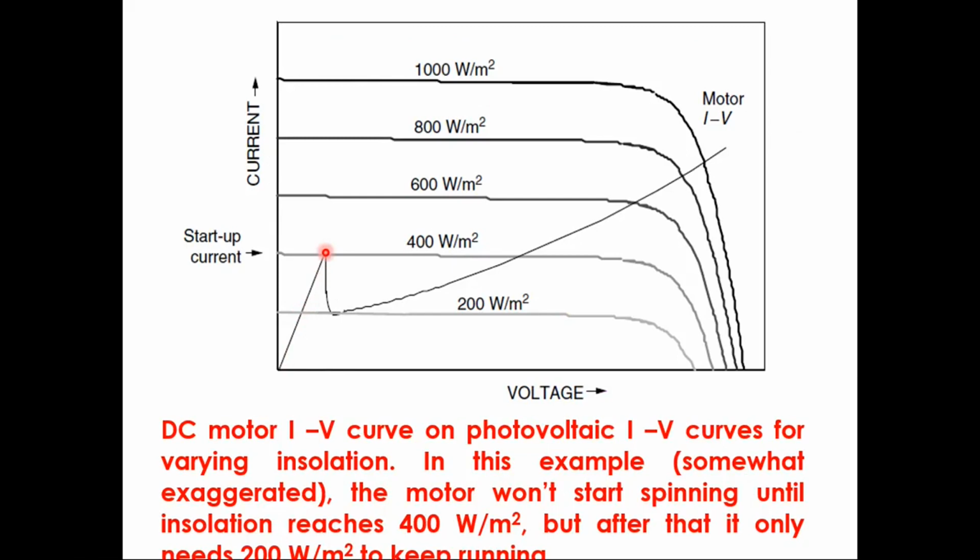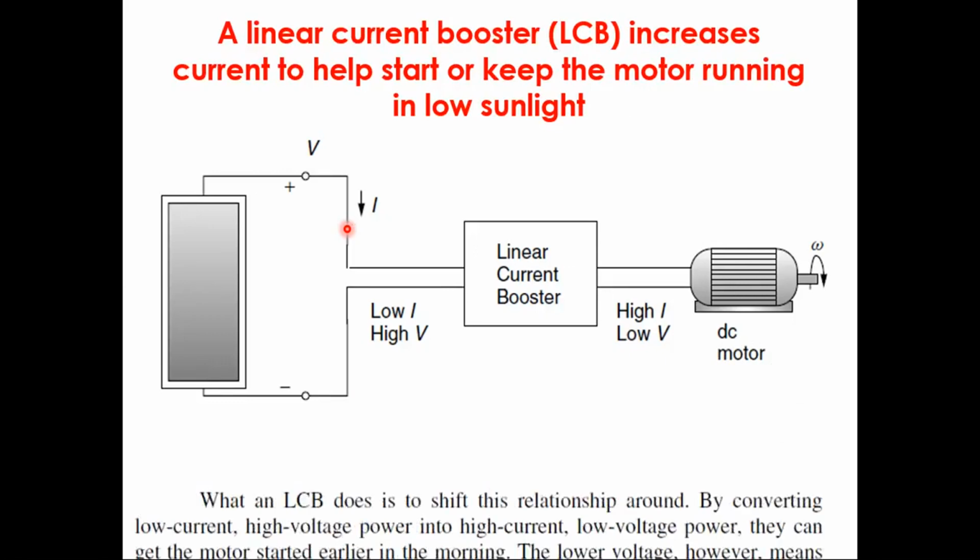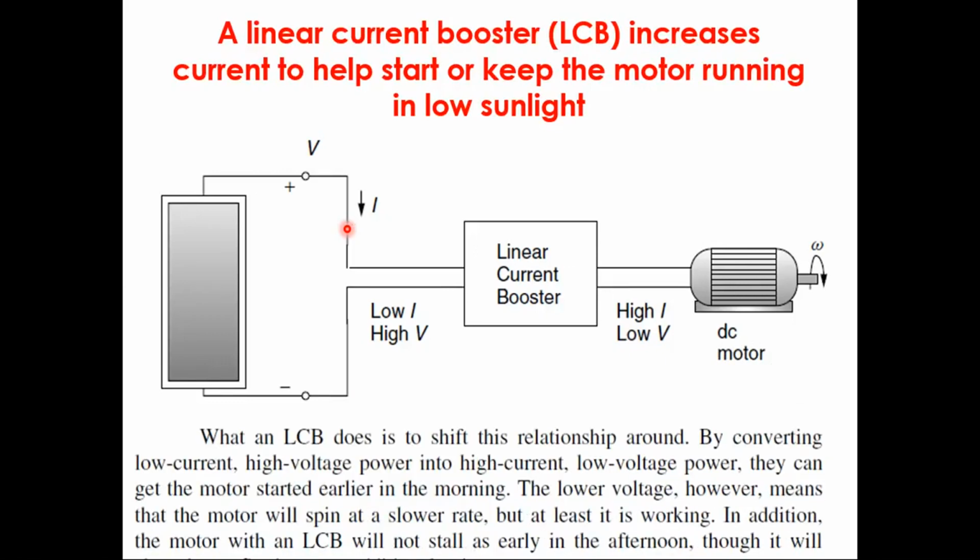The motor will then start at radiation lower than 400 watt per meter square. So ultimately the LCB is the solution. It converts your high voltage power into high current, low voltage power, so the motor can start earlier in the morning.